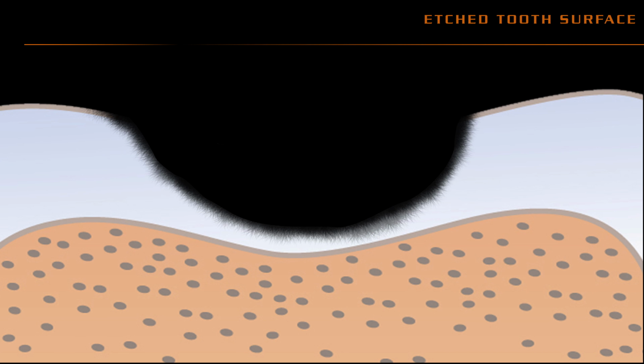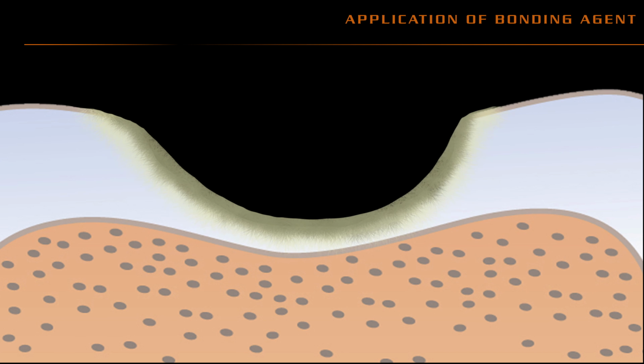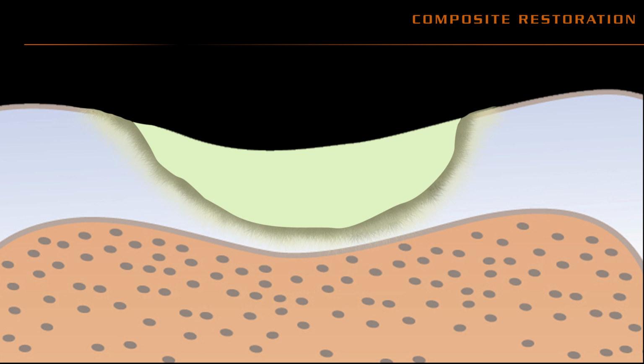Now if you are applying a liquid resin in the name of a bonding agent in those micro irregularities which are created by the acid etchant, this resin will penetrate inside all those micro irregularities and it will get stuck there. And on top of that, if you are placing a resin based material, it will bond or get joined to the bonding agent which we have applied.